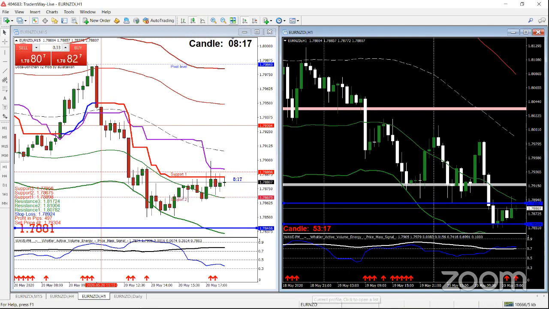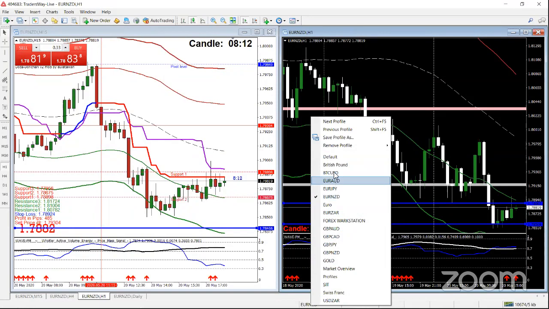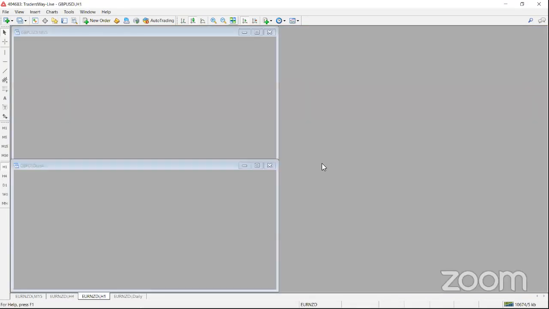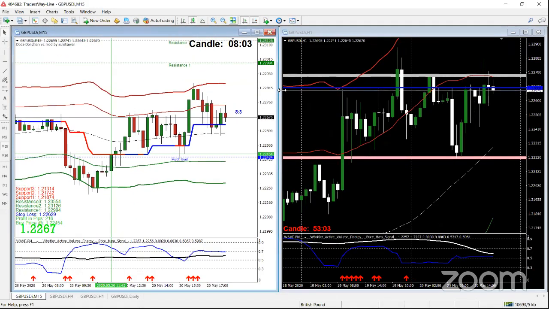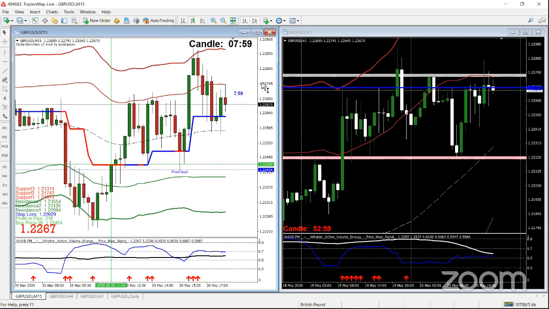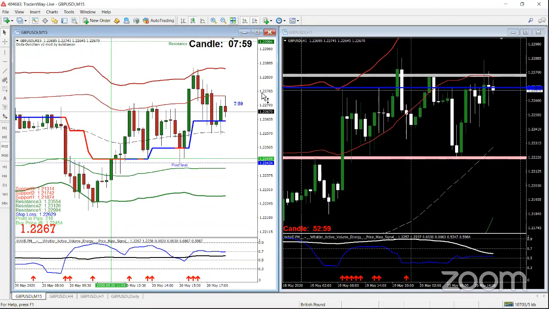I hate to leave, but I kind of want to see something before. Let's see what that pound is looking like. Because that one, they love that in the New York session. Pound dollar. And that's a New York session one right here. All that thing scrambling all over the place. Can you see it now?